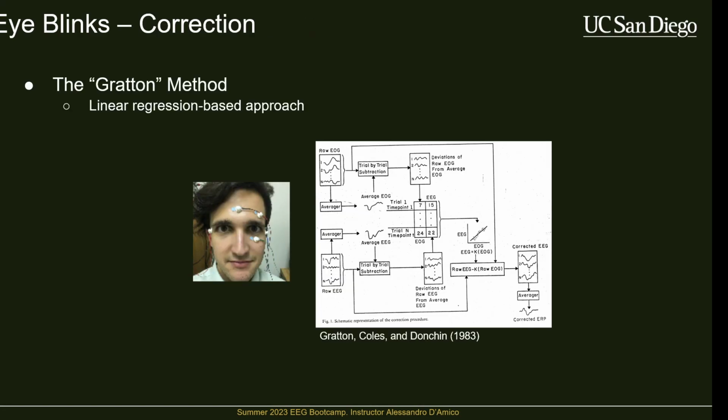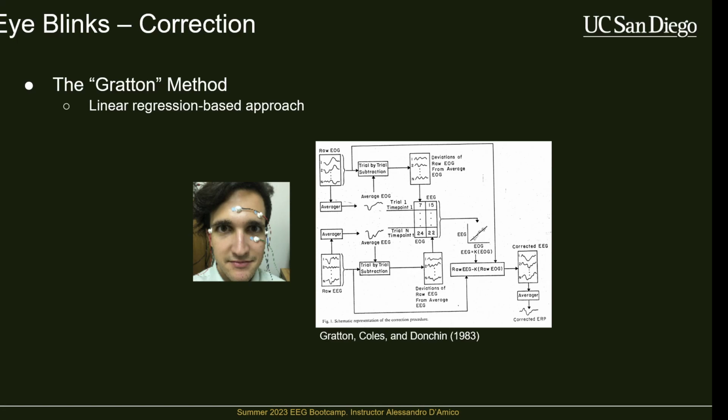I had a whole lecture in my other class about this, but the most common way that people remove blinks nowadays is through independent component analysis. It's a very computationally intensive method. Essentially, you take all of your activity from all of the channels and you try to split it up such that each independent component is reflecting one unique signal. If ICA is working correctly, you'll get one IC that is representing your blink component.